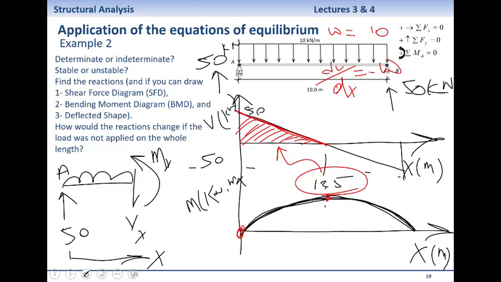What is the slope of the bending moment right in the middle? 0. What is shear force at that point? 0. So in other words, dM over dx, if I differentiate, is V.